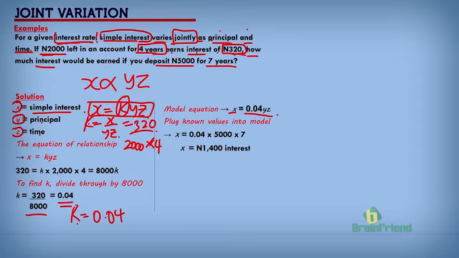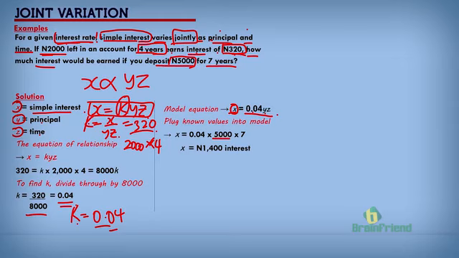Okay? So we know that x is the simple interest and it is unknown. So we say x is unknown. 0.04 has been given to us as our value for k. Y, which is the principal, is 5,000 naira, the money left for 7 years. So we plug in 5,000 naira to represent y.